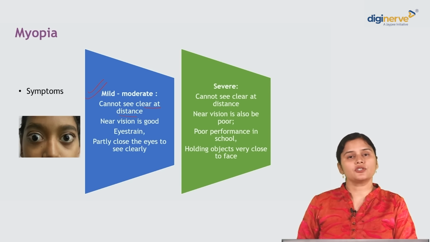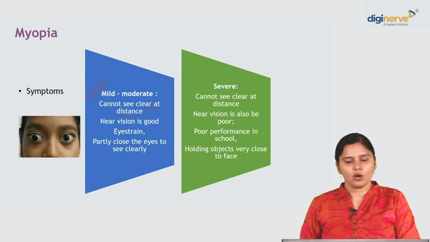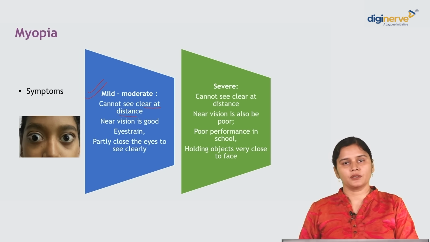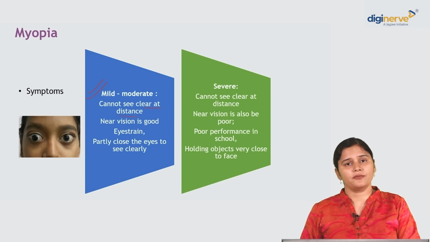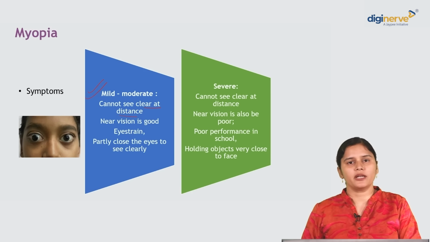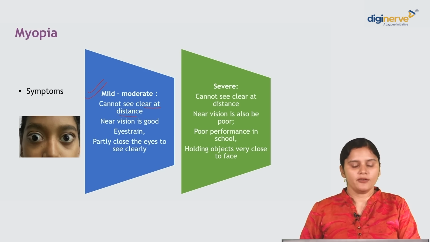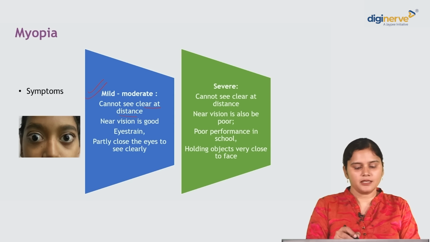The near vision is usually good because they do not have to accommodate for the near vision, and also because they have a slightly minus refractive error and there is no need to accommodate. There can be accommodation insufficiency or convergence insufficiency also present in people who have mild to moderate myopia. They usually partly close their eyes to see clearly.